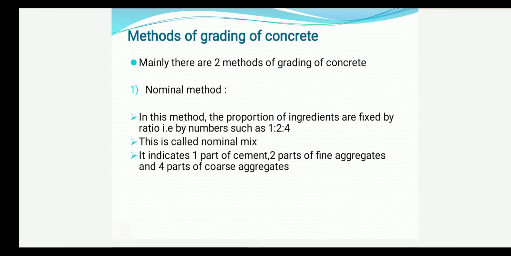The 1:2:4 ratio indicates one part of cement, two parts of fine aggregate and four parts of coarse aggregate.